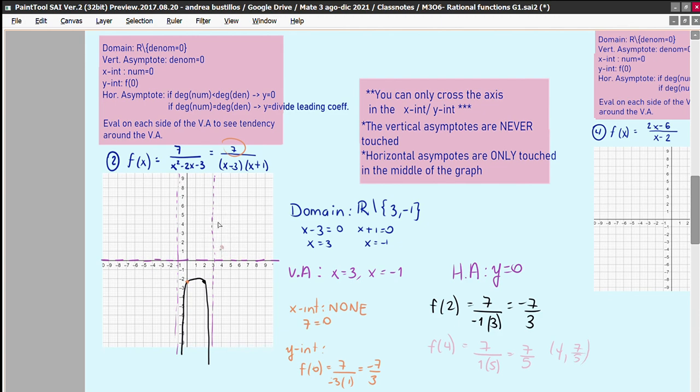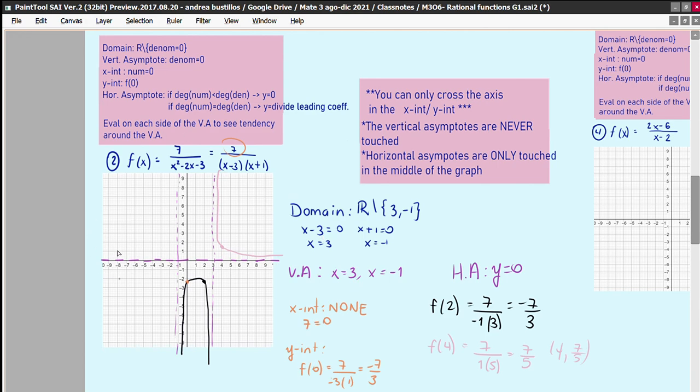So for a number on this side of the plane and close to the vertical asymptote, my y value is positive, meaning that I'm going to go into positive infinity. Also, my function is going to get closer to the horizontal asymptote without ever crossing it. I cannot cross it because, one, it is a horizontal asymptote, and two, I do not have any x-intercept.